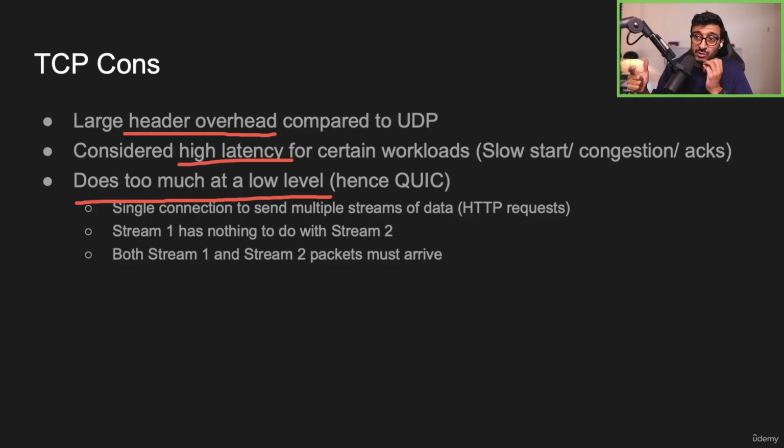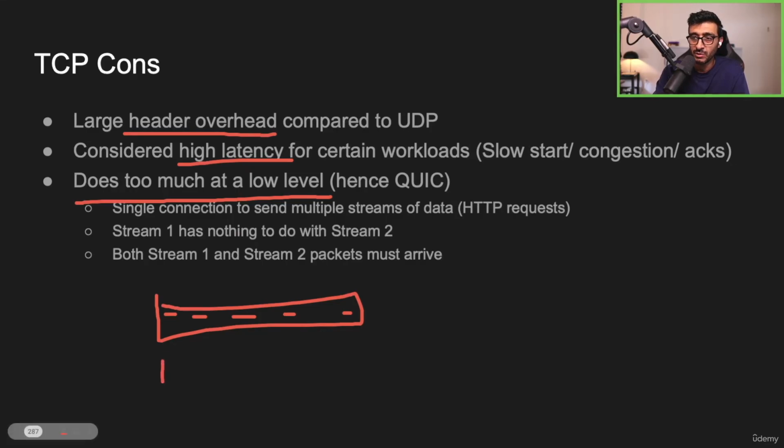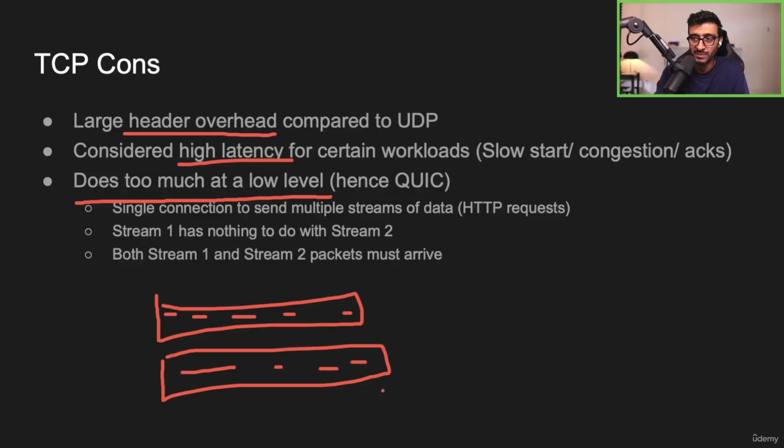The reason is that you don't have control at the application. Sometimes you need this low level control, like the ordering, brought up into the application. Let's say you're sending HTTP requests. This is one request, this is another request, and each is composed of multiple segments. And there's a third request. You're sending them all together.